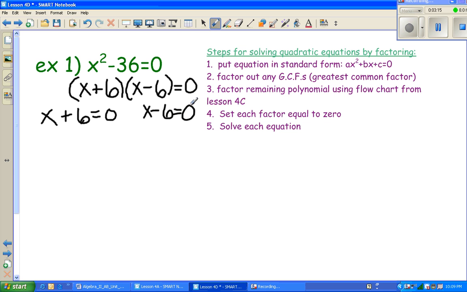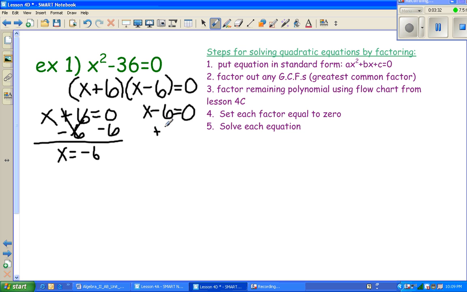So now I've got 2 equations, and I'm going to solve each one. So I'm going to subtract 6 from here. If I subtract from the left, I have to subtract from the right. These guys will cancel out. And so one of my solutions is going to be x equals negative 6.